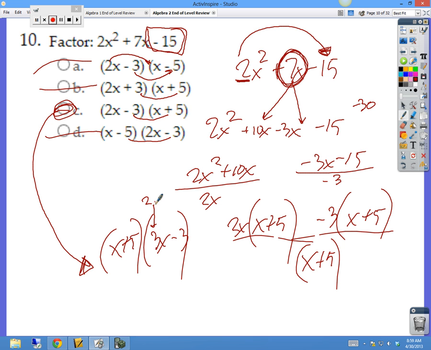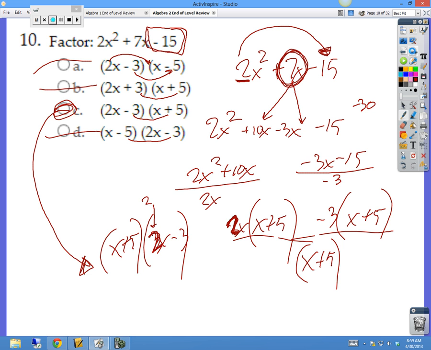Right here? Oh, this is a 2. But it looks like a 3. Oh, nice. Okay, so we're good. 2x minus 3. Just sloppy writing.